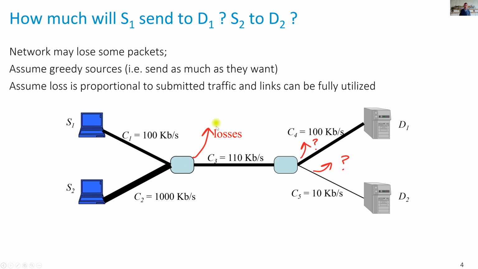So there will be drops in packets here. And the question is, what fraction of the traffic of S1 and S2 will reach their destination here?